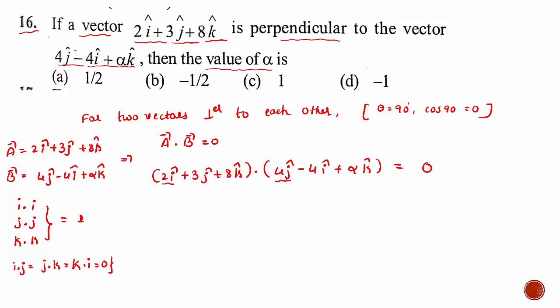2i into 4j. i and j are different unit vectors, so it will be 0, leave it. You should understand that you can multiply only with the same unit vectors. If you multiply with different unit vectors, the answer is 0. So we can write 2i into minus 4i cap.